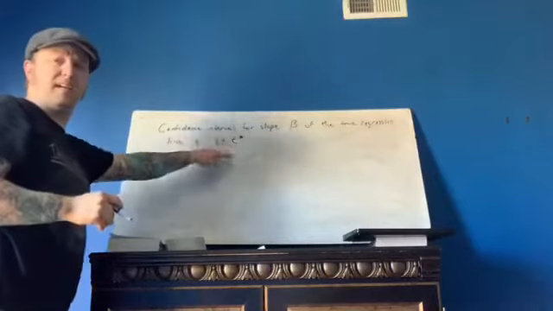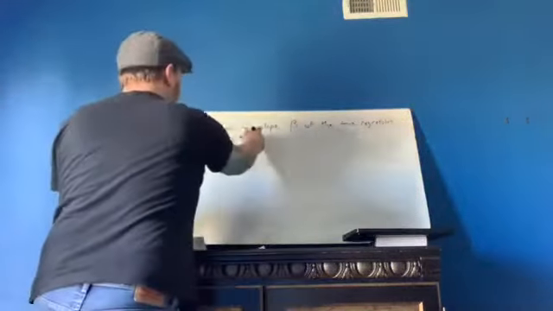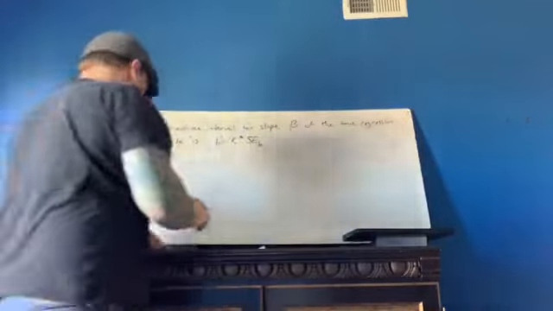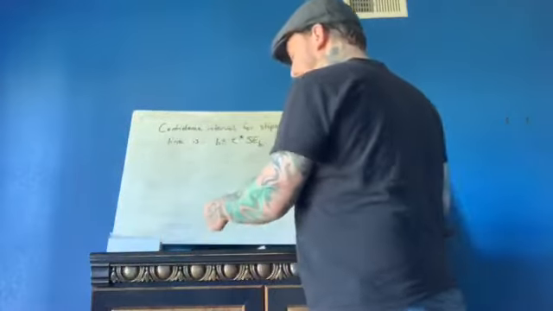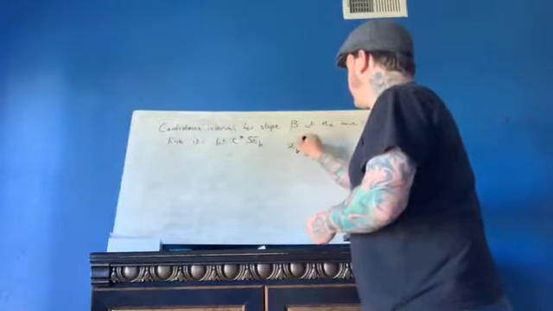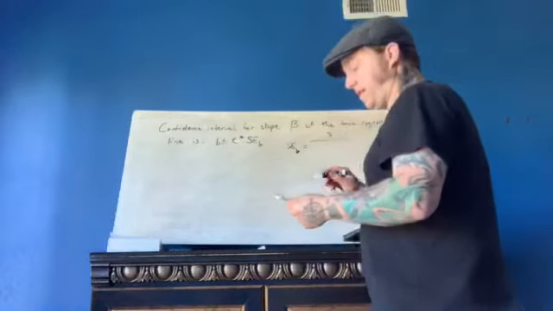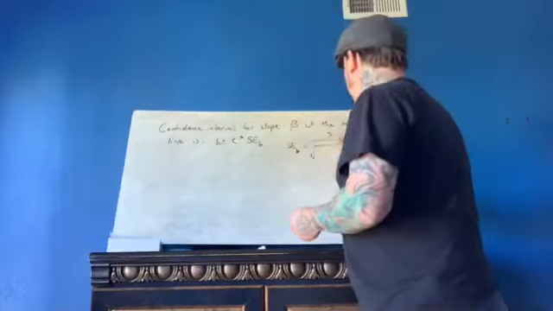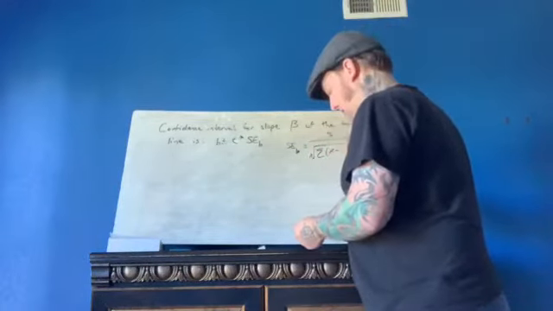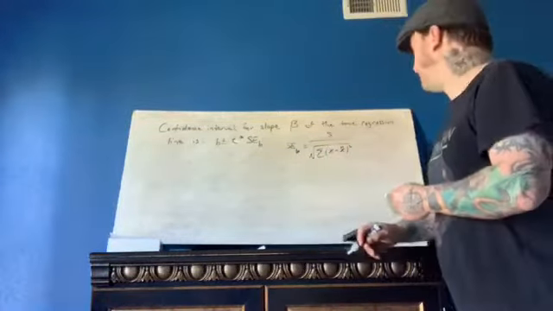Now, S was the standard error of the line. We need the standard error of the slope, okay? So let's talk about what the standard error of the slope is. Standard error of the slope is S, standard error of the line, over square root of the sum of x minus x bar squared.